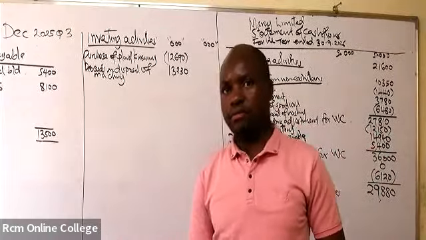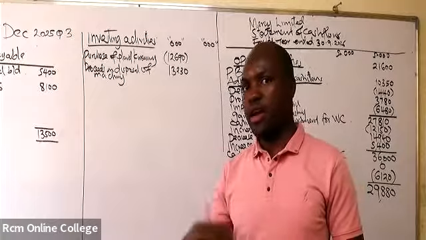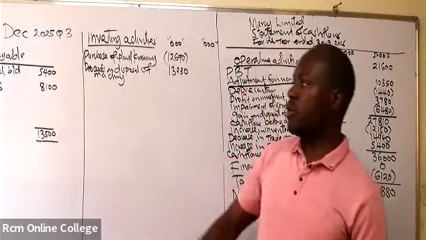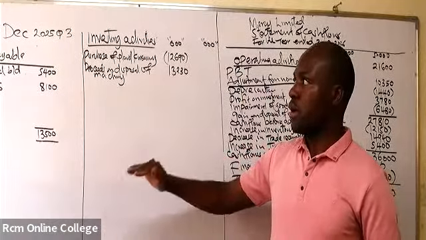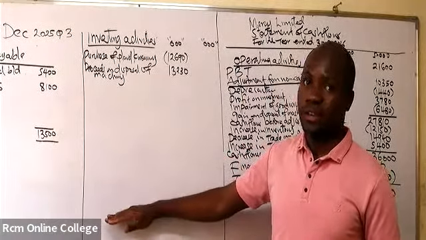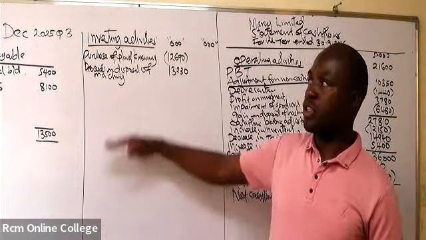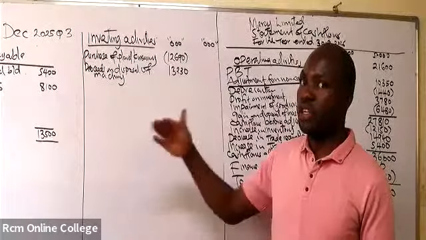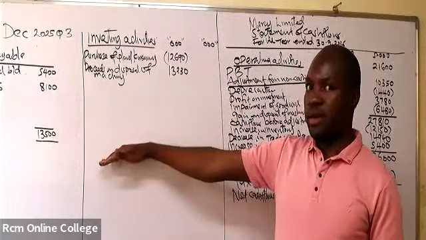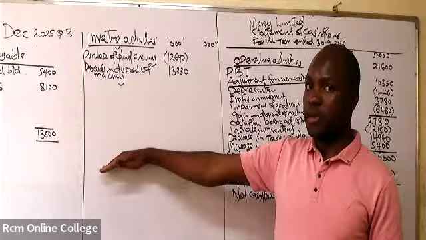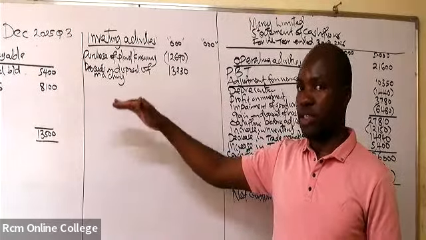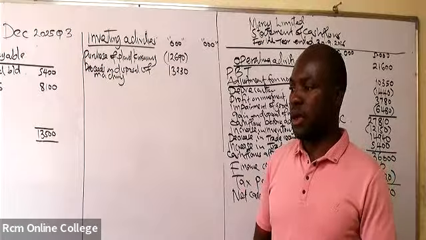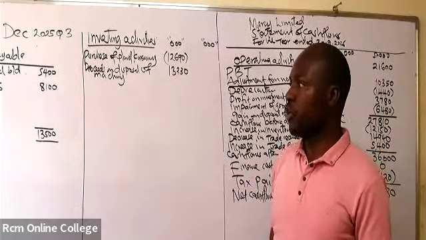Non-current liabilities and the equity items will be dealt with under what we call financing activities. Because once you have your total assets, it is financed by the capital or equity items, right? The share capital plus all the reserves, then of course the non-current liabilities, right? So that's what we'll be able to deal with.